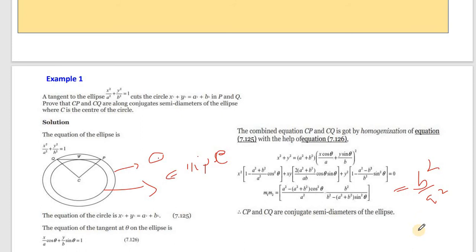So CP and CQ are conjugate semi-diameters. We know that two lines will be conjugate diameters if the product gives us minus b square by a square.